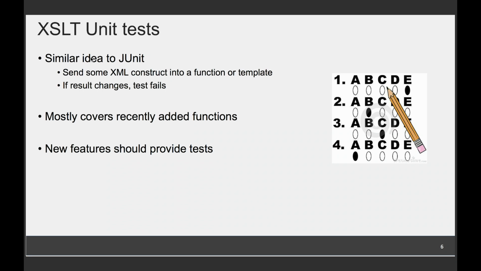So, question? Are you using some equivalent of JUnit? For testing XSLT, it's XSpec. So, do we use any technology that is equivalent to JUnit? The XSpec by Jeni Tennison originally.